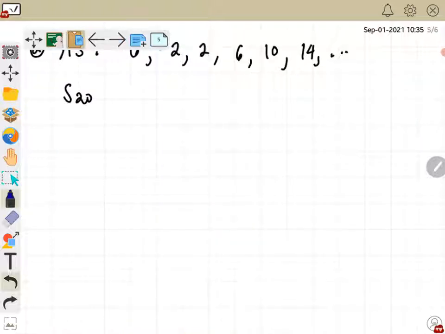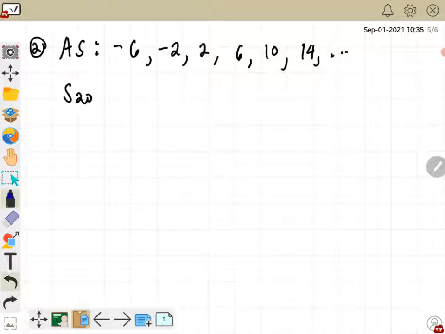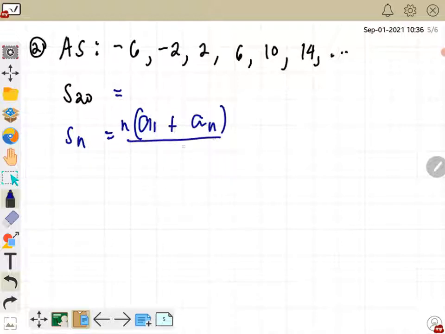Let's try. We have here the arithmetic sequence -6, -2, +2, +6, +10, +14. So if you're going to do this, we have S sub 20, S sub n equals n times a sub 1 plus a sub n, which now becomes a sub 20, divided by 2.